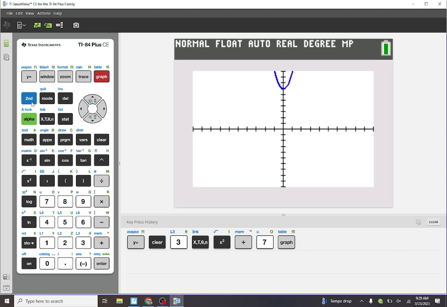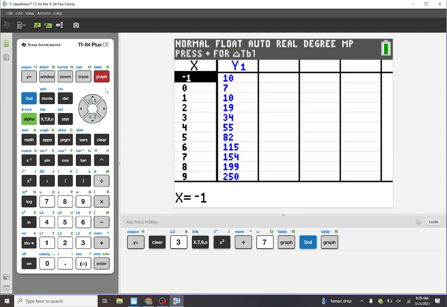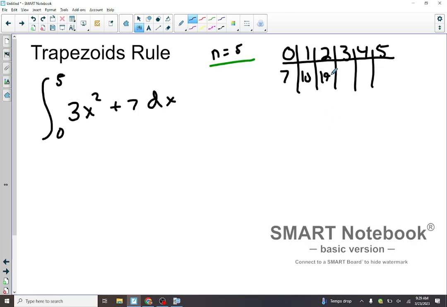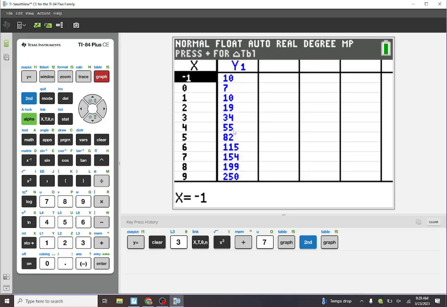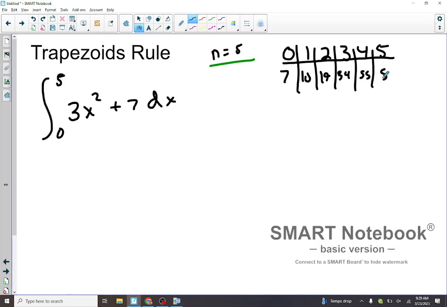You get a curve, that's cool, but what you really care about is the table. From the table, you can get all your numbers really quickly instead of typing them in every time. So 19, 34, 55, 82.